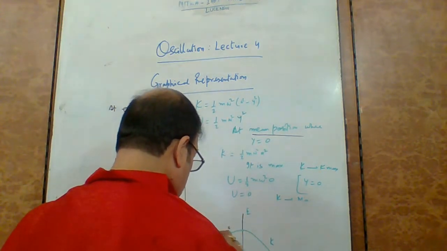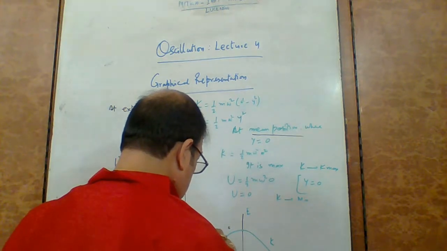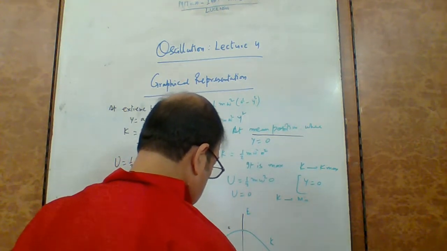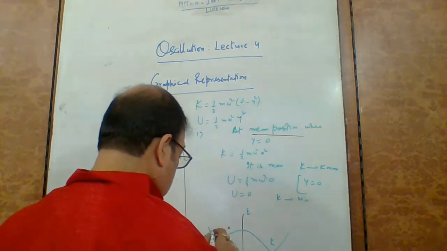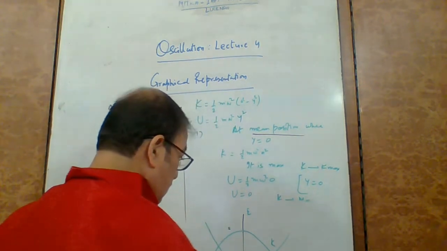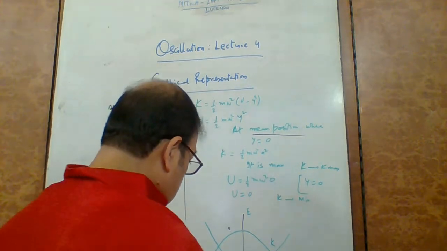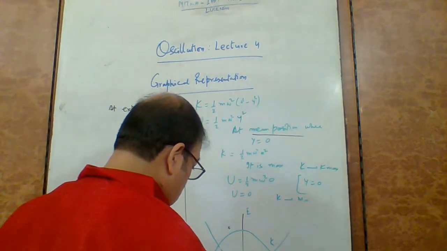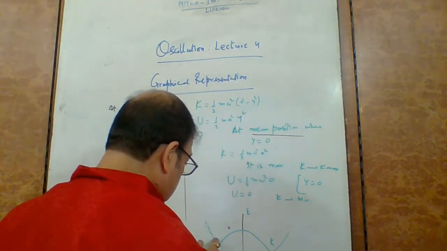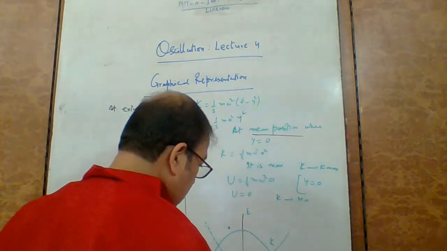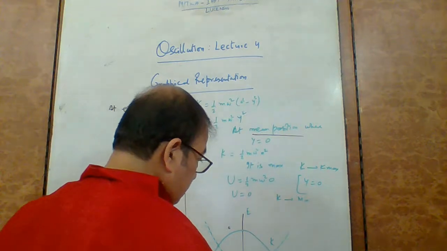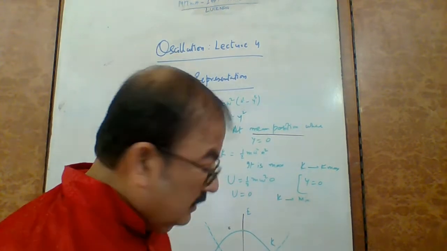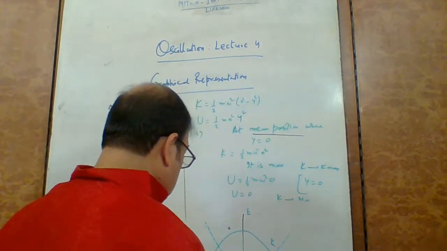And remember, potential energy is just opposite. This is our potential energy, or we can make it dotted just to differentiate. And here we can see this is the total energy.